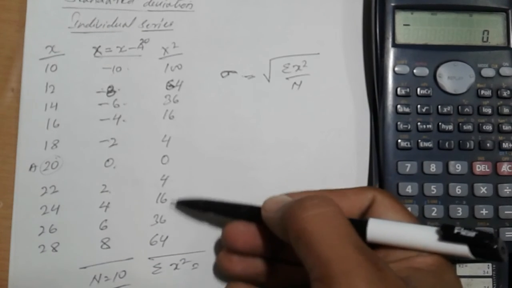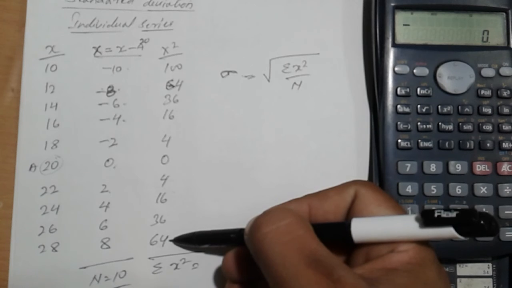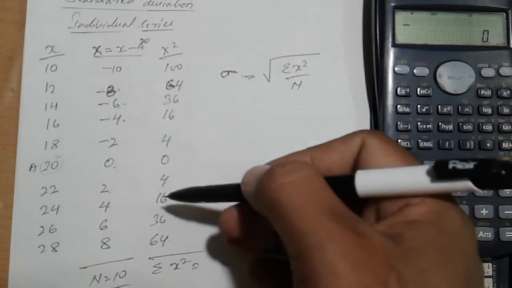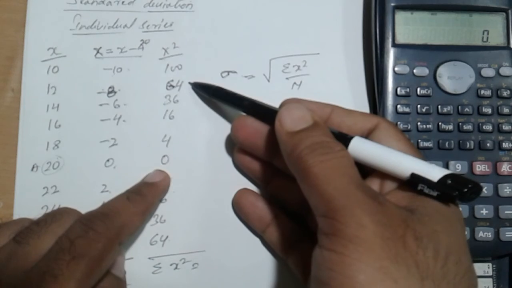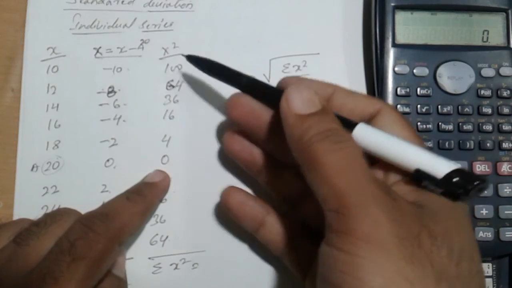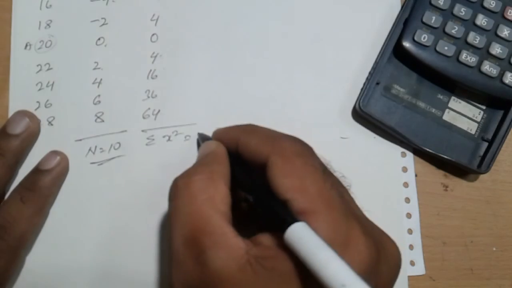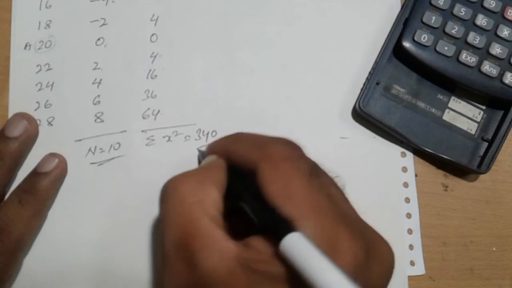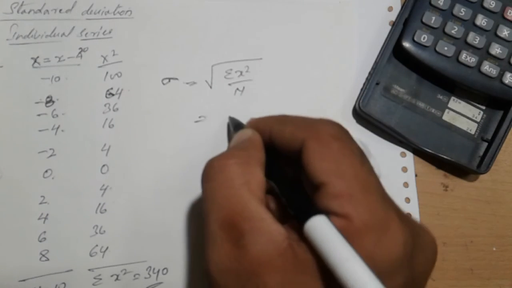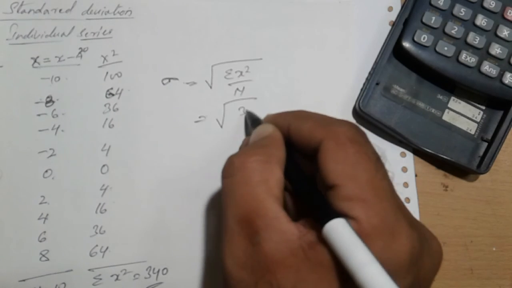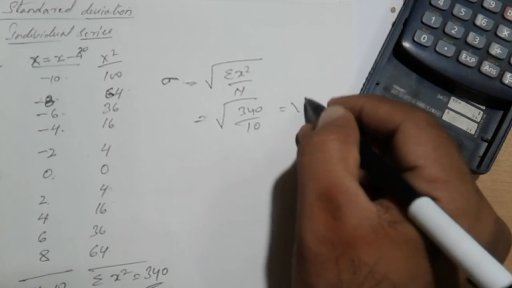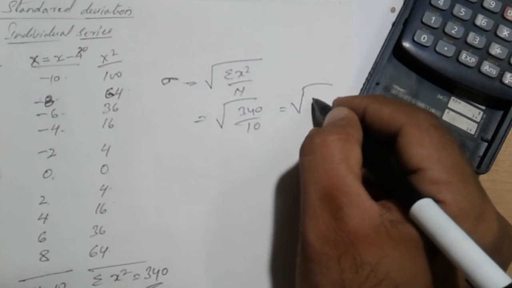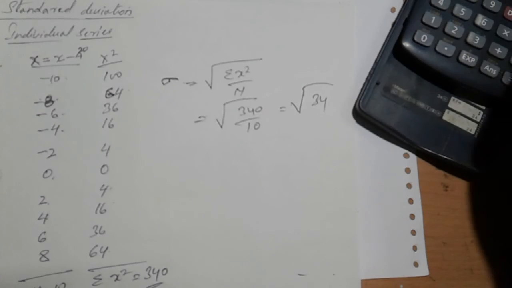20, 30, 60, 120, till here 120. Here also 120 means 240, 340. Overall we are getting 340. So under root 340 divided by 10 means under root 34.